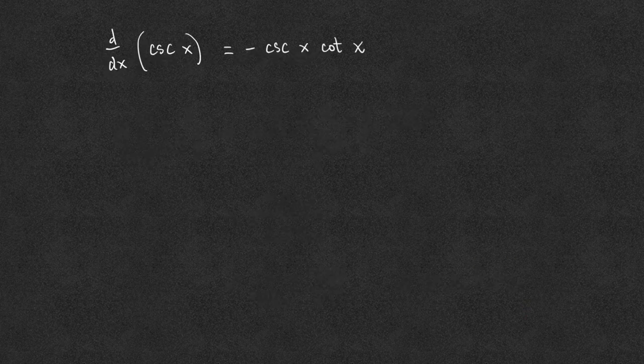Next, we show that the derivative of cosecant of x is negative cosecant of x times cotangent of x. First, we rewrite cosecant of x as 1 over sine of x, and then we use the quotient rule.